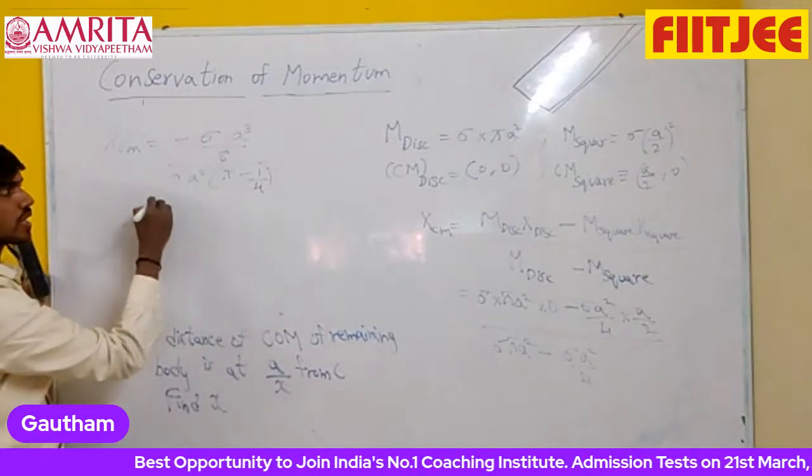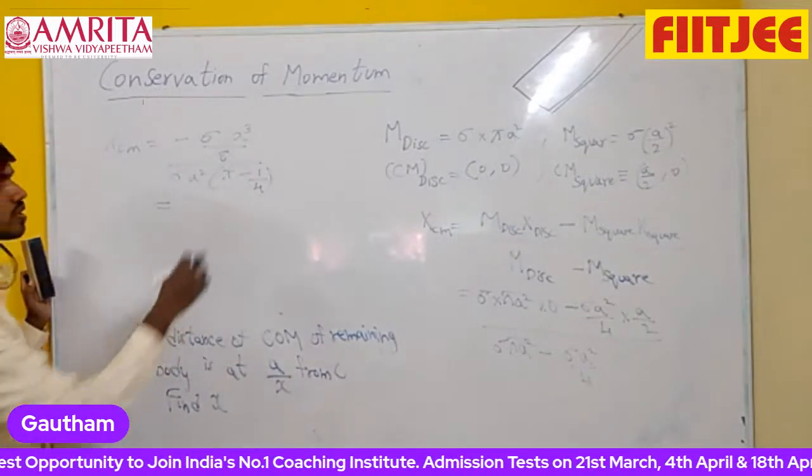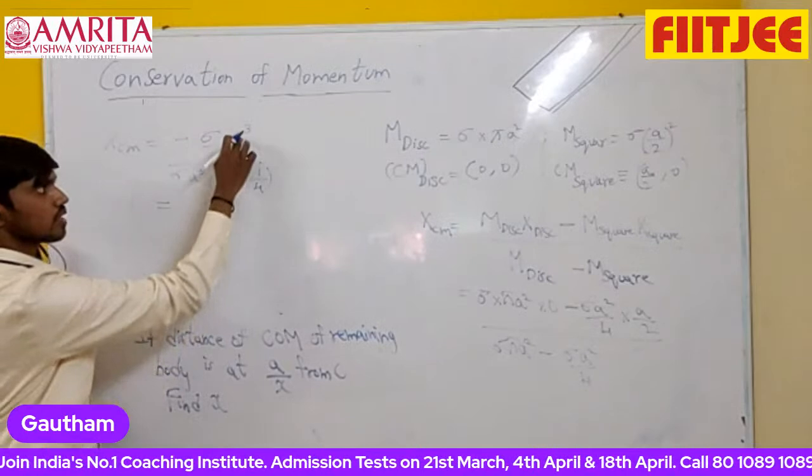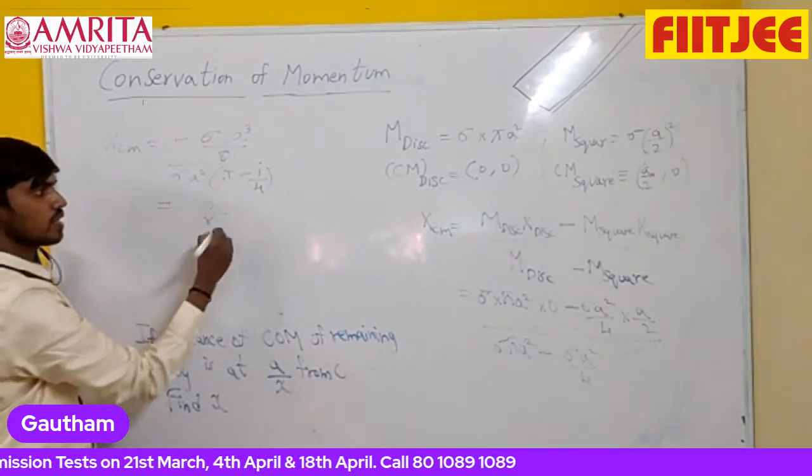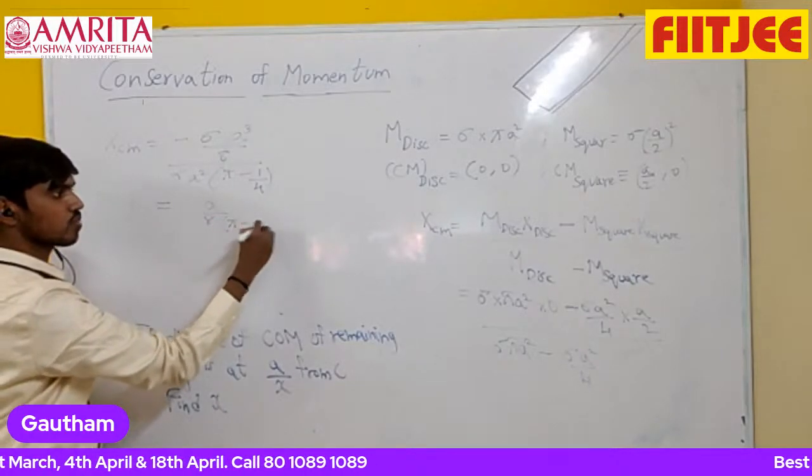So sigma a square will cancel from numerator and denominator. Cancelling sigma a square, we get a square into a, so a by 8 over pi minus 1 by 4.